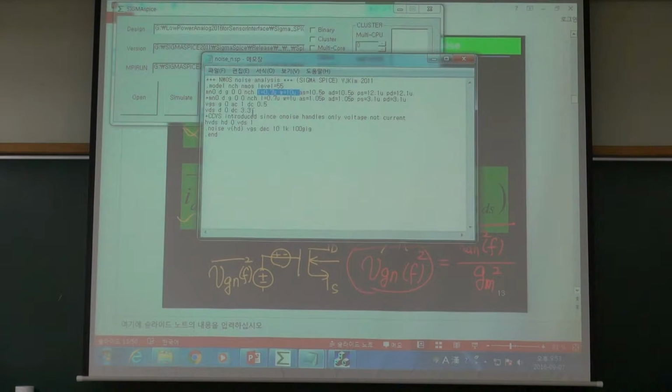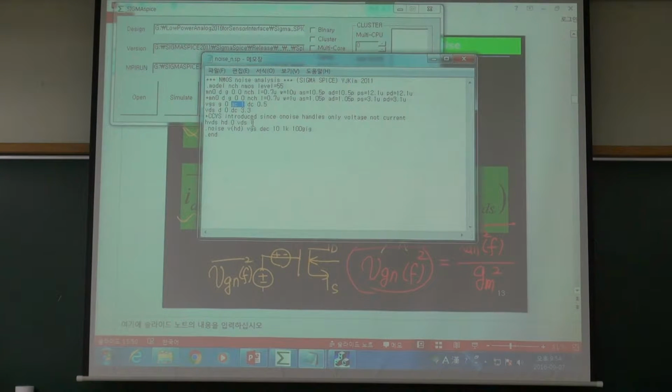Then at the gate source voltage, I apply this gate node AC 1. I don't know whether you can see it or not. And then DC gate voltage 0.5 volt. The AC small signal voltage AC 1 is in series with DC 0.5 volt.